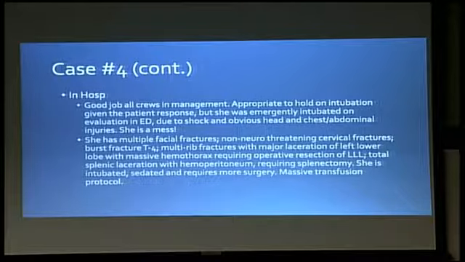Multi-rib fractures, major laceration of the left lower lobe, which required it. She had a massive hemothorax, which is why her blood pressure was initially low, which also shows that the initial blood pressure is still the one that the trauma surgeons should bet on. She's in shock. That's a major sign there.